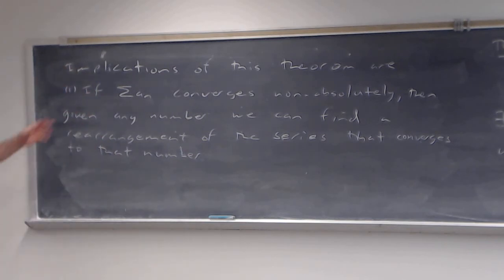Okay, so we get this series that converges non-absolutely, and then you give me any number, I can make a rearrangement of that original series that converges to that number. That's amazing.